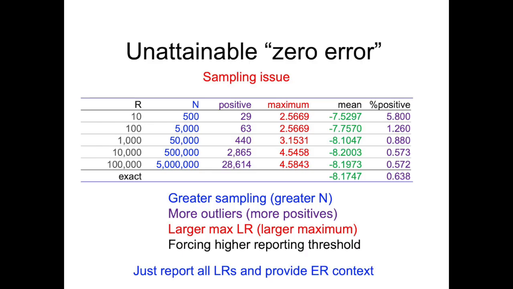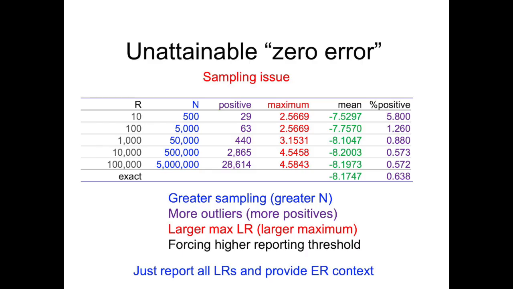If you keep sampling based on these distributions, it's only a matter of time before you cross any fixed reporting threshold level, because it doesn't go to 0. The more you sample, the more chance you're going to get to have some maximum outlier that will traverse and go beyond whatever you set it.